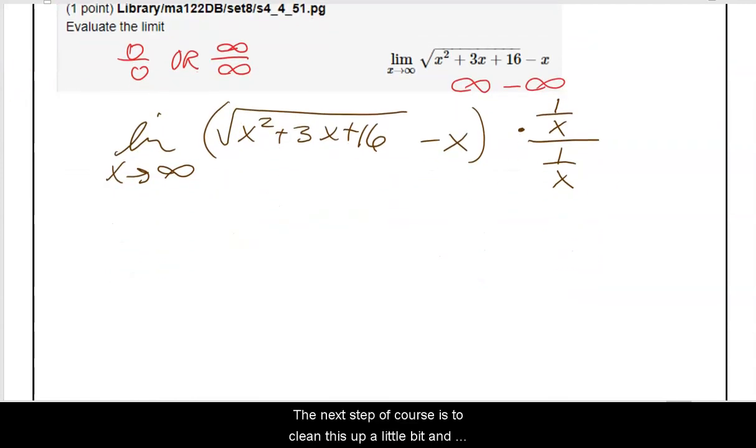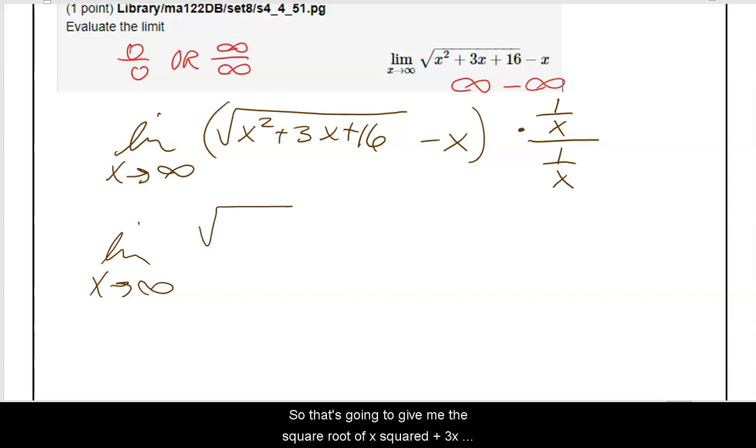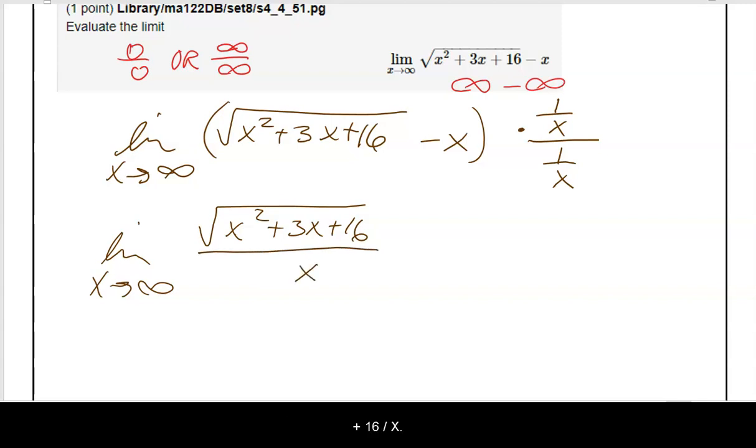So the next step, of course, is to clean this up a little bit, and that's algebra. So that's going to give me the square root of x squared plus 3x plus 16 divided by x minus, well, again, you should have distributed the 1 over x over each term.